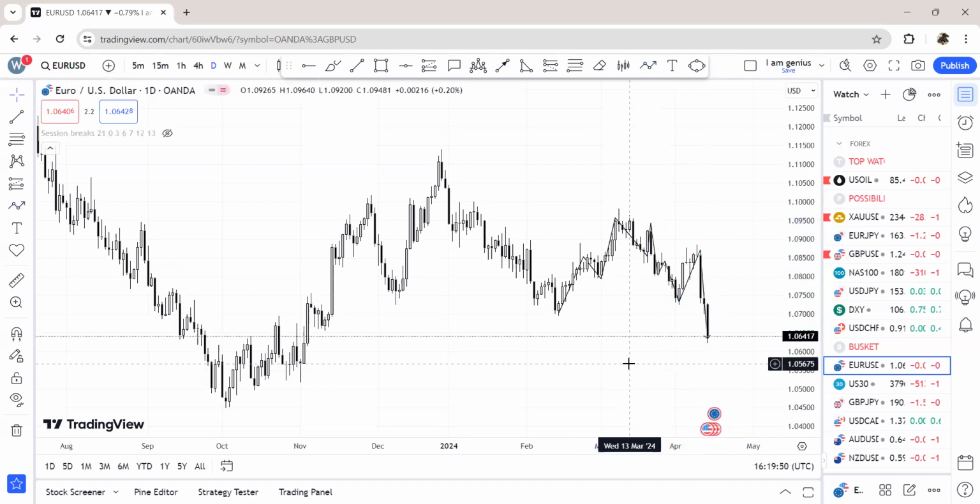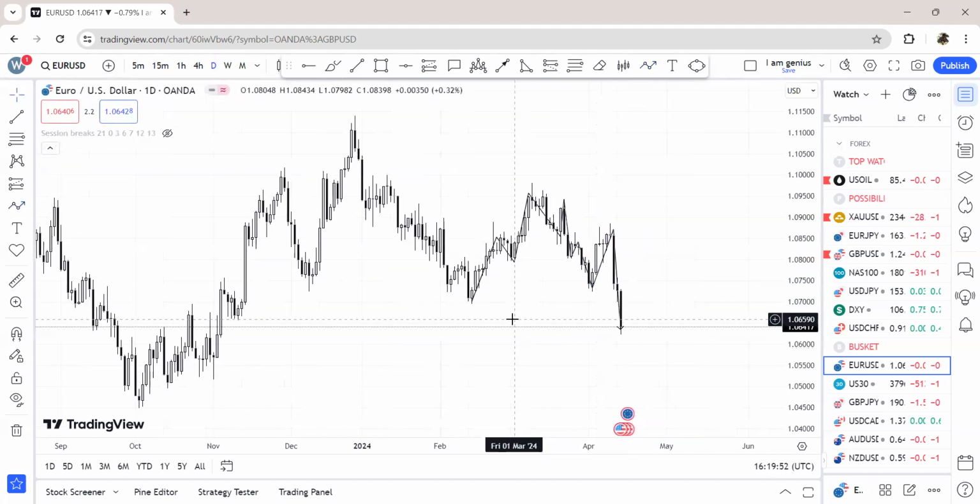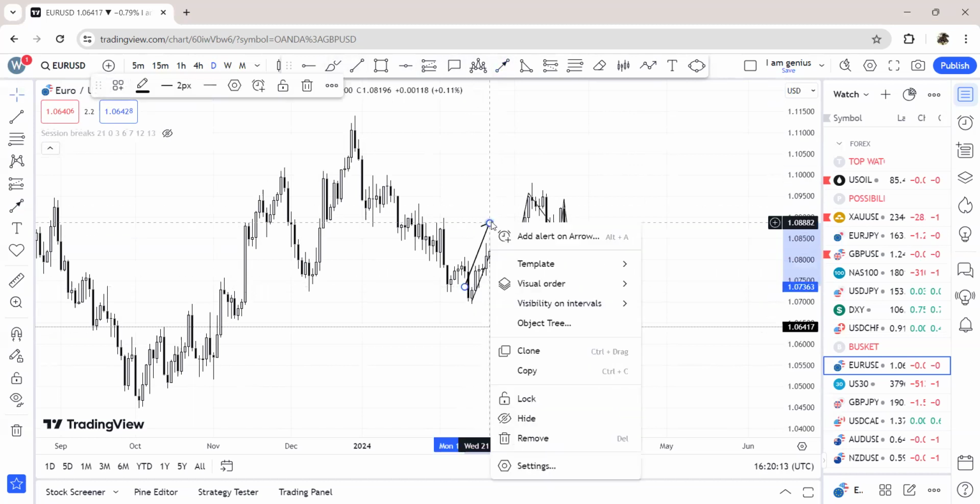Now, what you really want to focus on when you're doing all this is asking yourself the question, is this market in an uptrend or a downtrend? How do you know that? By looking at what was happening here, you can see that the market pushed from this point, going up like that.